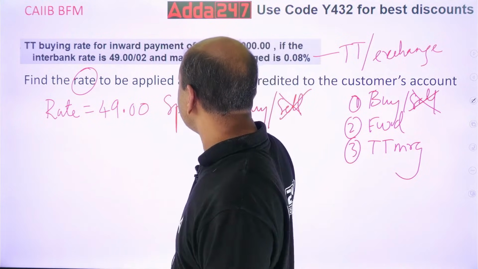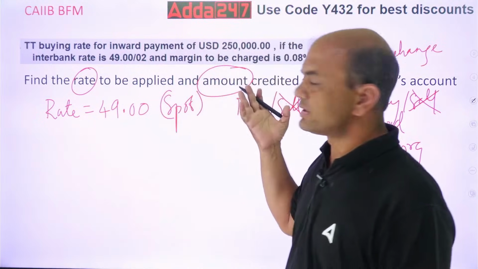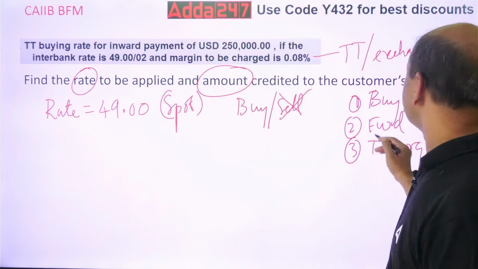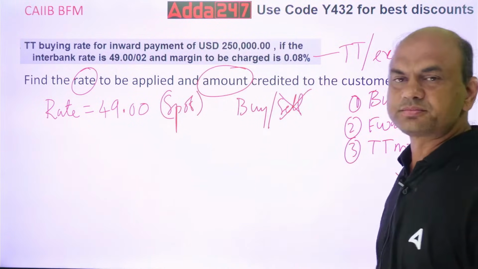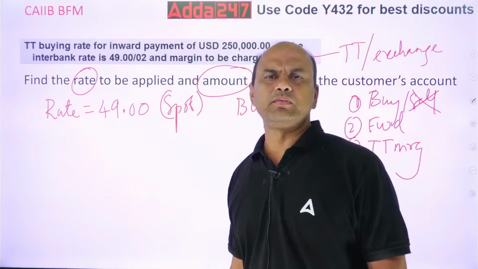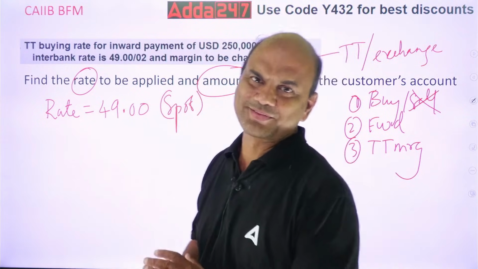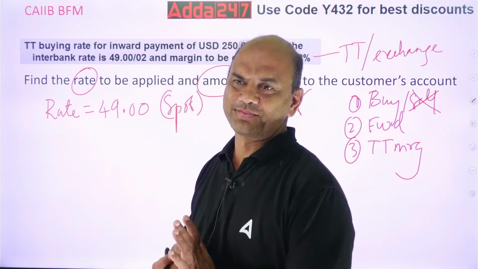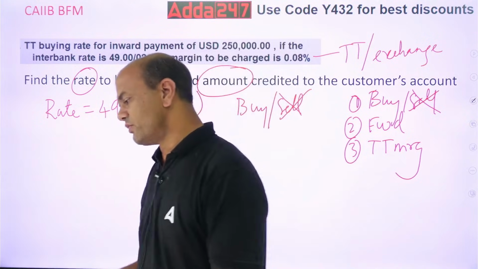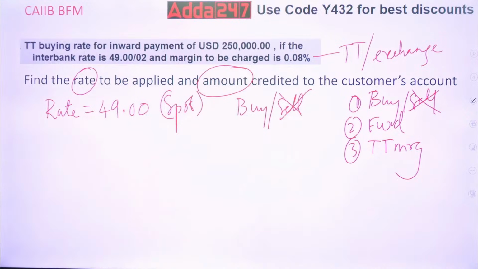But what about the forward? Where's the forward rate? Who can tell me what the forward rate is over here? Which one will I take as a forward rate? Think, everyone think.